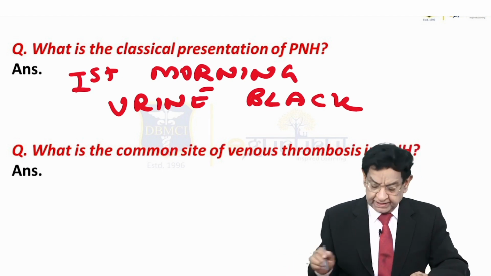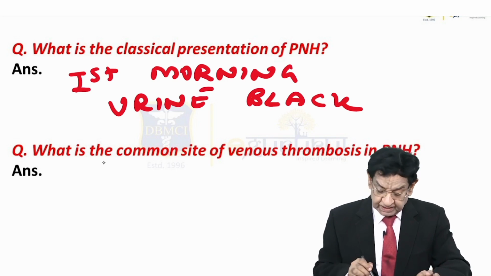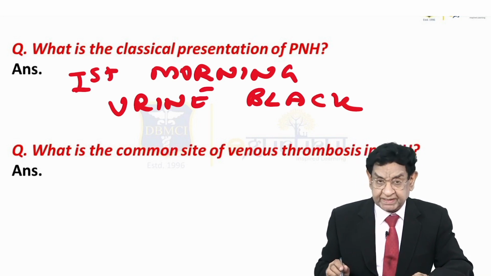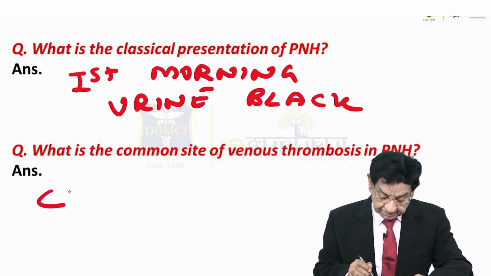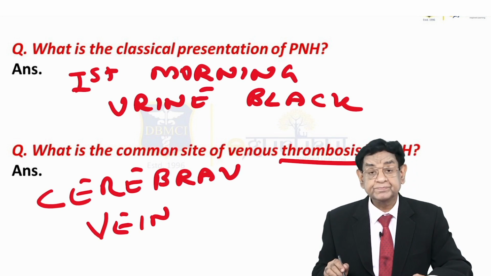The rest of the whole day is normal. This is a classical feature, an episodic phenomenon. The common site of venous thrombosis in PNH is cerebral vein thrombosis. Okay.